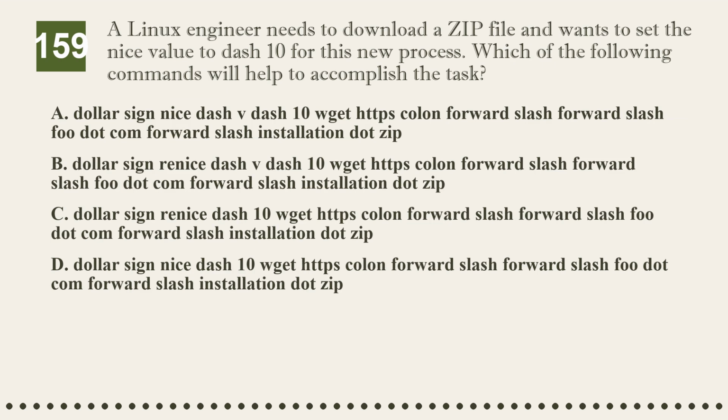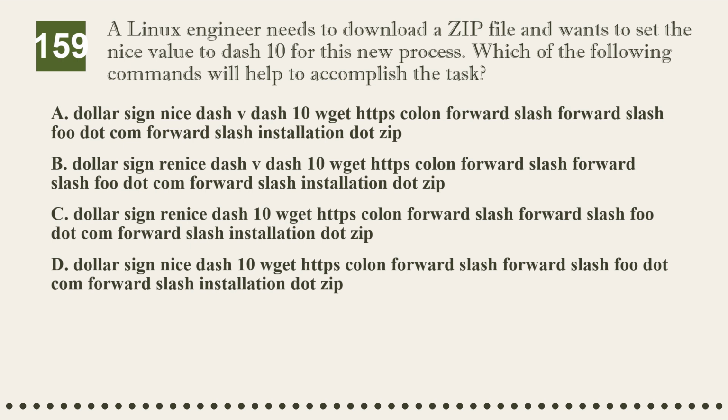Question 159. A Linux engineer needs to download a zip file and wants to set the nice value to -10 for this new process. Which of the following commands will help to accomplish the task? Option A, $ -v -10 wget https://foo.com/installation.zip. Option B, $ renice -v -10 wget https://foo.com/installation.zip. Option C, $ renice -10 wget https://foo.com/installation.zip.